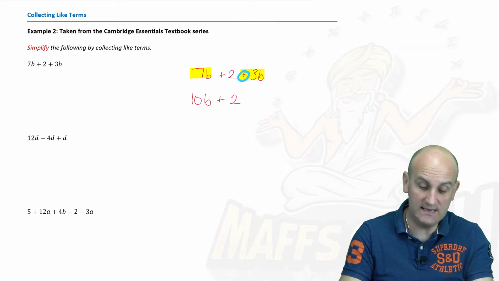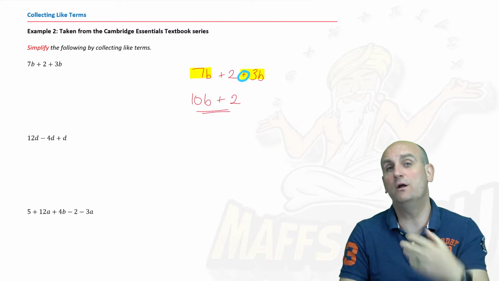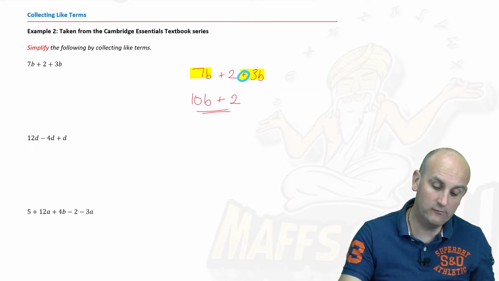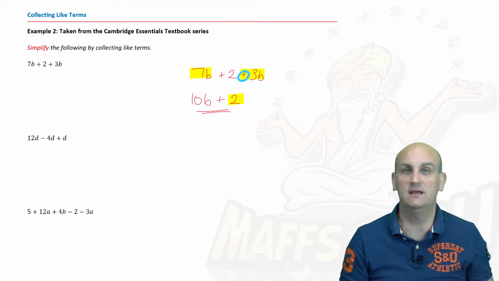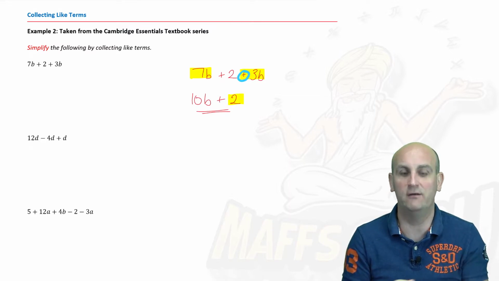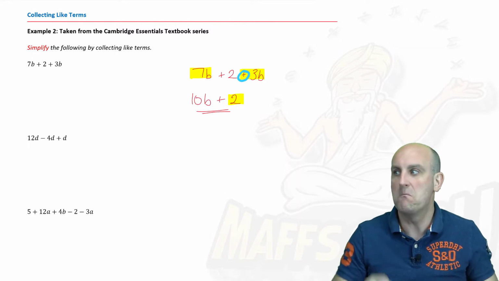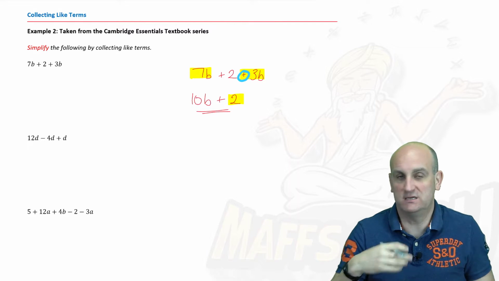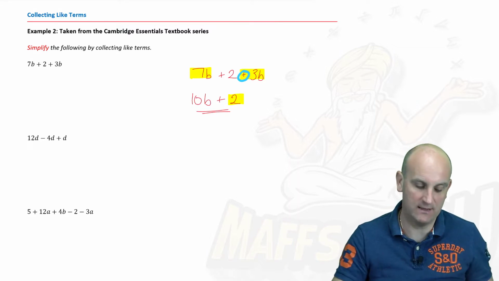Now actually that is my answer, and sadly a lot of people go, well, I must have 12 bananas. Well, no, you don't, because again, remember, this doesn't have anything. It's not an apple, it's not a banana, it's not a carrot. I've got 10 bananas plus 2. Don't care what the 2 is, it's just plus 2. There's nothing I can collect that with.